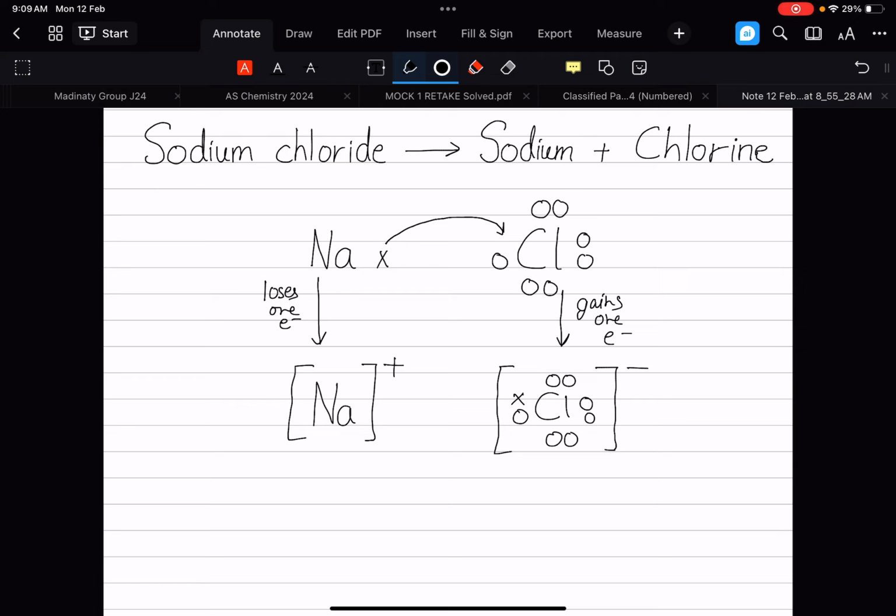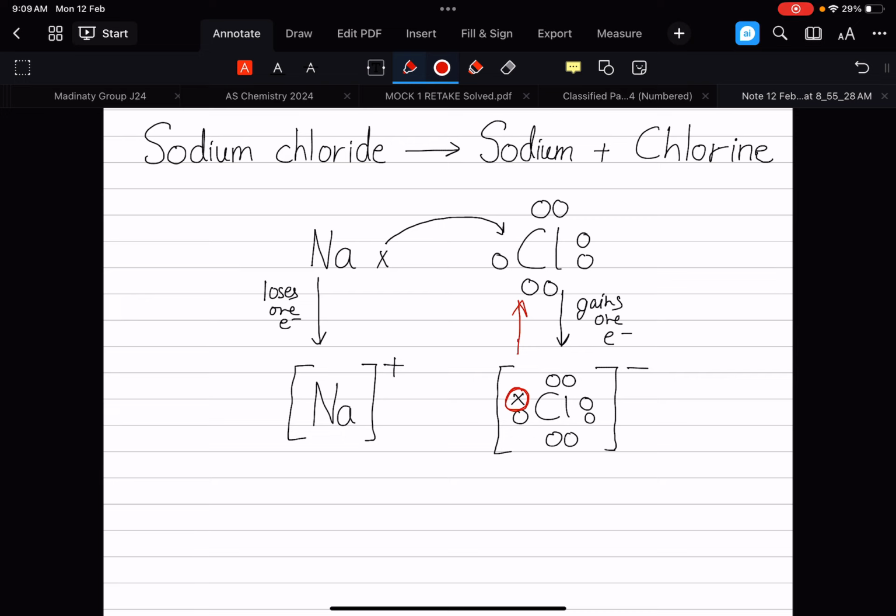Okay, now that we have the ionic compound formed, what we need to do is to oppose this change. How can we oppose this change? For the chloride ion to return again to a chlorine atom, it needs to lose this electron and return it again to the Na.